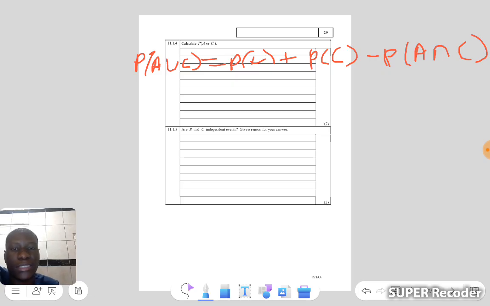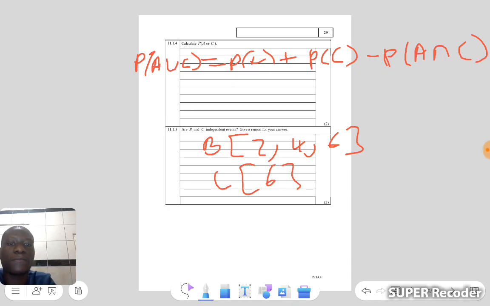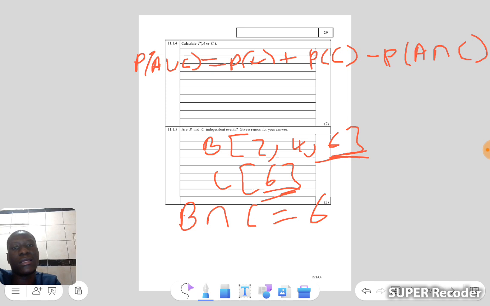So in B and C, see, B is 2, 4, 6 and C is 6. So B and C equals 6 because this is happening here. It's like the intersection, 6 and 6.